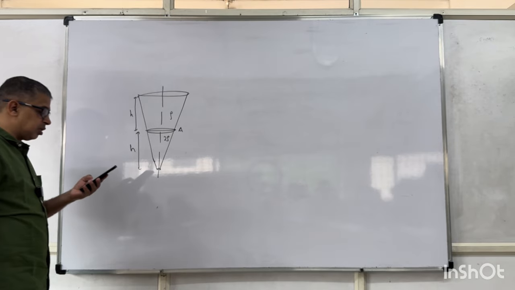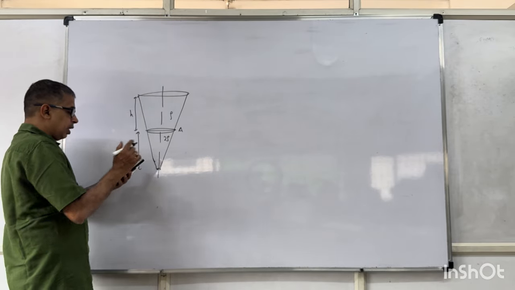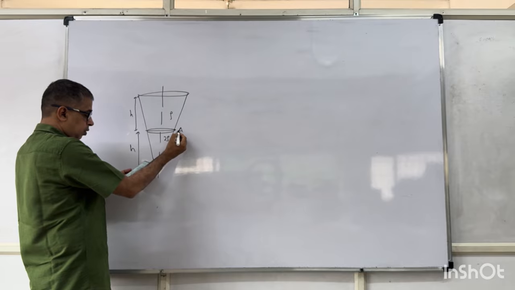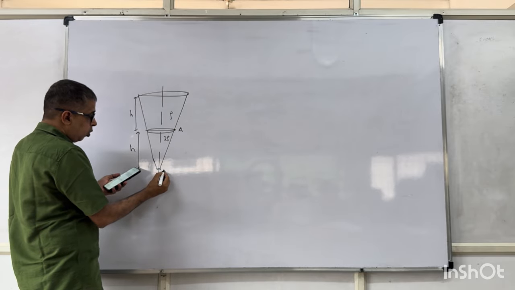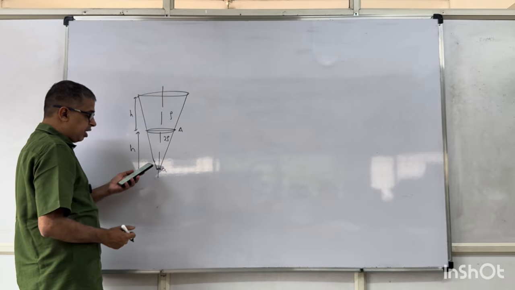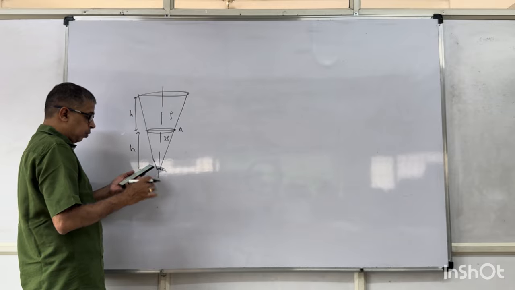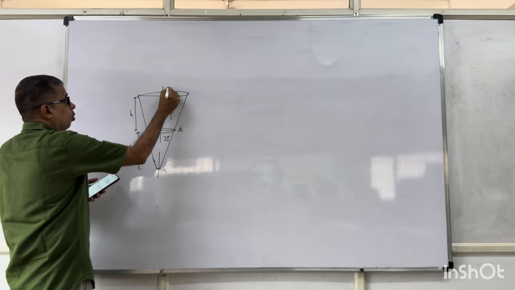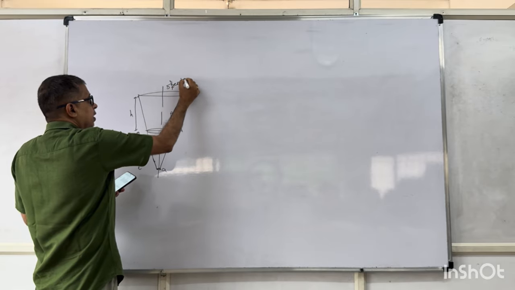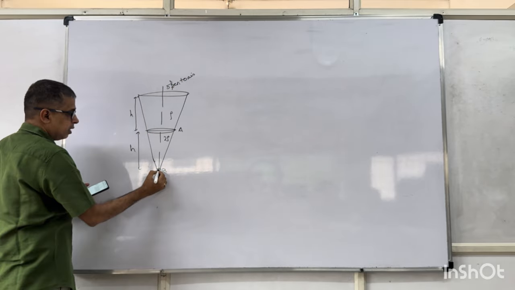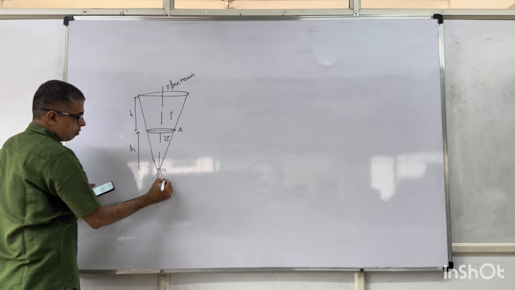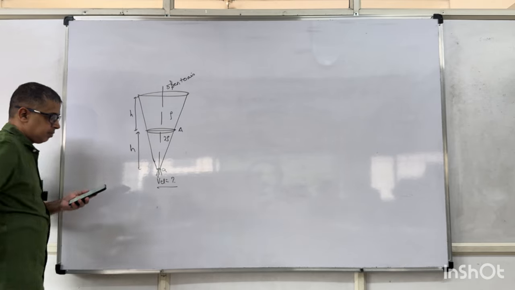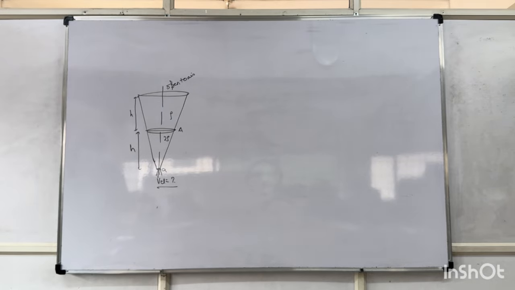Area of cross section is shown. A small hole of area of cross section A is made at the lower end of the cone. Find the speed of the liquid flow from the hole. This is open to air. Right? Find the velocity.